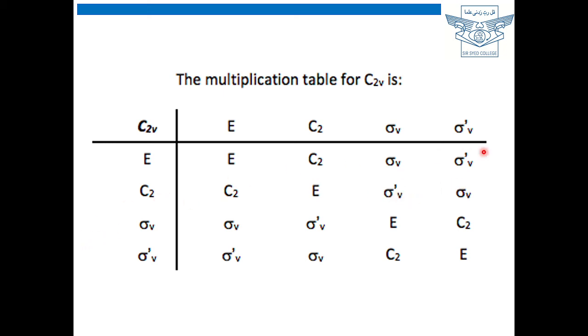Same way, C2 followed by sigma V prime becomes sigma V. Sigma V with identity gives sigma V only. Sigma V with C2 gives sigma V prime. Sigma V followed by sigma V gives identity, because it is the same operation twice. And sigma V followed by sigma V prime gives C2. Finally, sigma V prime with all these operations, you get results like this.